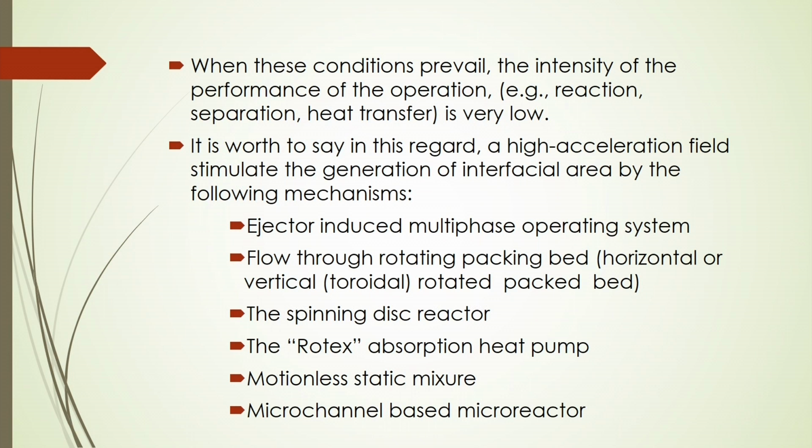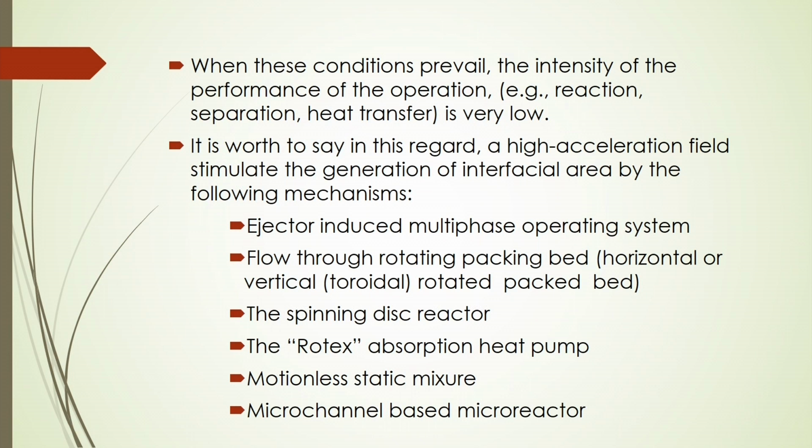And also flow through a rotating packed bed is another important mechanism by which you can create more surface area. In that case, it may be vertical rotation, that is called toroidal, even sometimes it will be a horizontally rotating packed bed. And the spinning disk reactor also is important. Some absorption heat pump, that is called rotex.